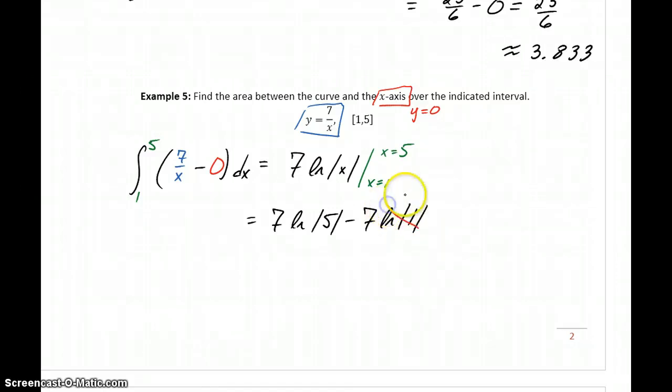The natural log of 1 is just 0, so that second term is gone, and we're left with just 7 times the natural log of 5. So we get 7 natural log of 5, or using a calculator we could come up with an approximation for that area.